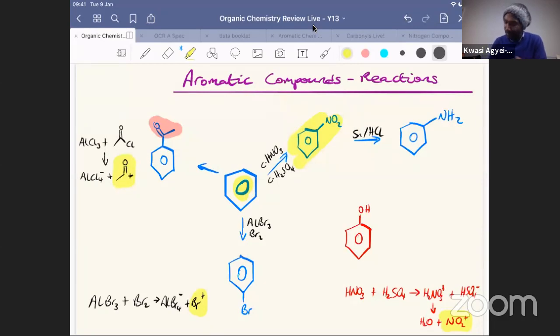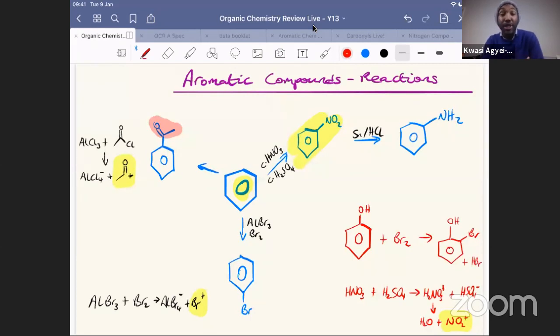Okay. Now, if you contrast that with phenol, phenol can react with bromine without the need for the formation of an electrophile with a plus charge on it. Okay, so we could simply look at the formation of bromophenol and HBr.